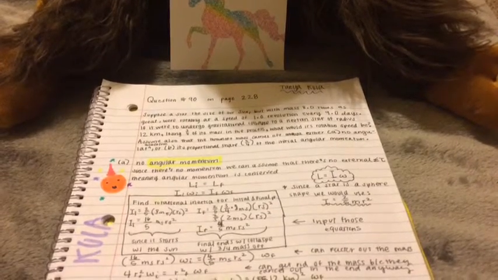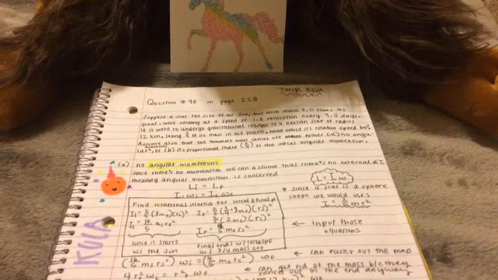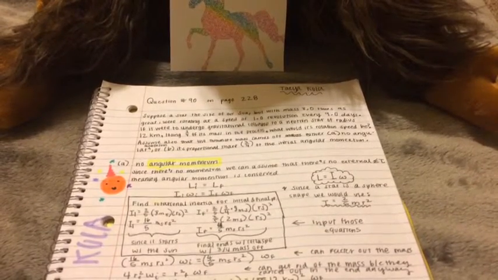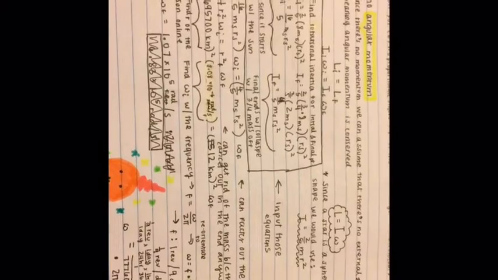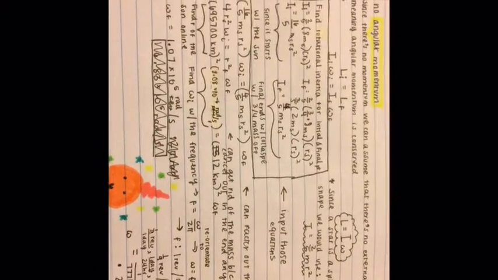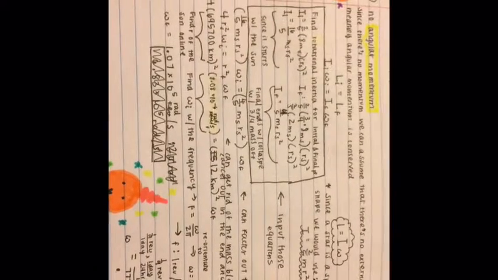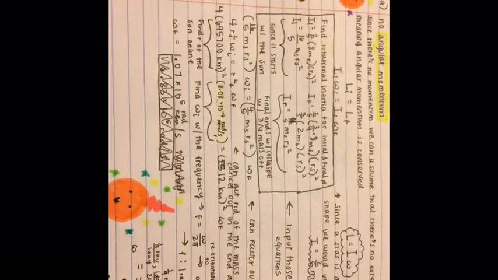Assume also that the thrown-off mass carries off either no angular momentum or its proportional share, 3/4, of the initial angular momentum. So if we were to pick that no angular momentum is carried off, we could then assume that there's no external net torque, meaning that the angular momentum is being conserved.